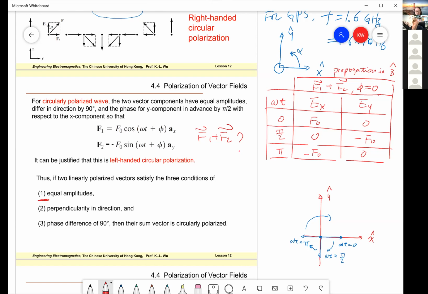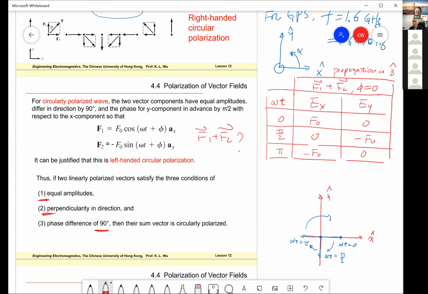That means one component in any direction, and the other component must be perpendicular to it. And the third condition we must have is a 90-degree phase difference.